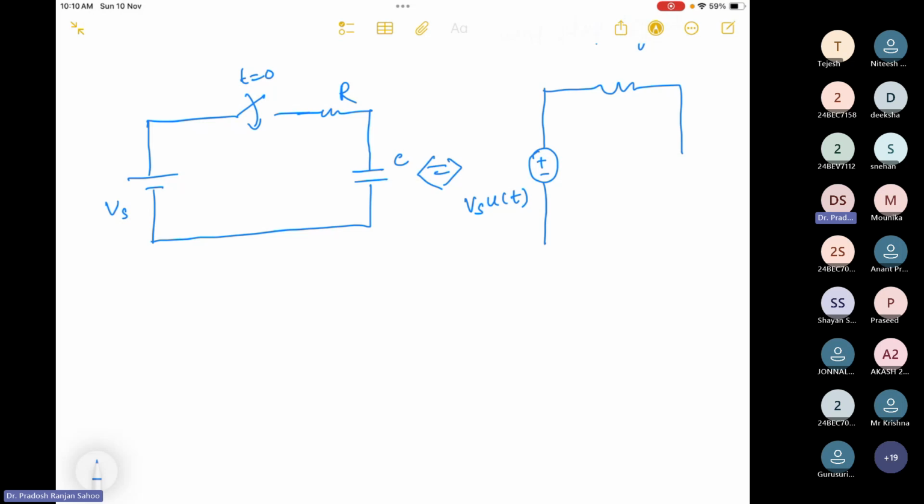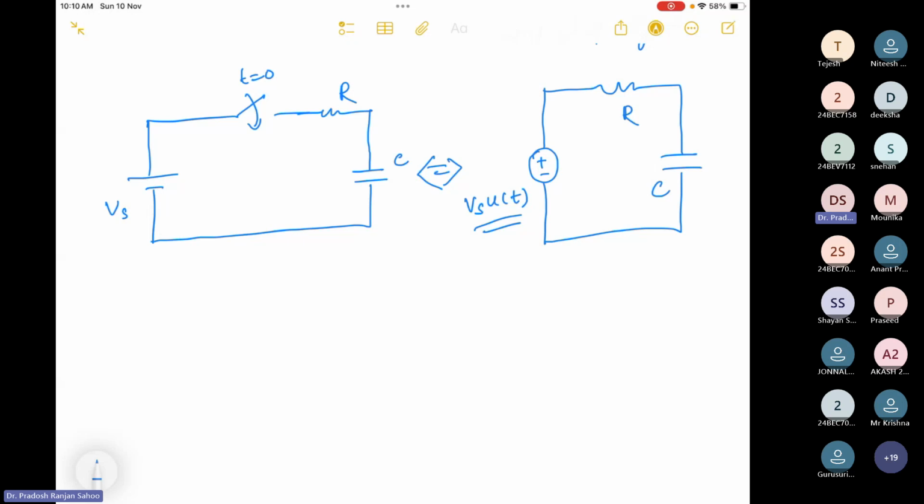I'll just place R and C. So both circuits are the same. Instead of putting the switch, whose work is to close the circuit at t equal to 0, we can do the same thing here by writing this step signal Vs u(t).